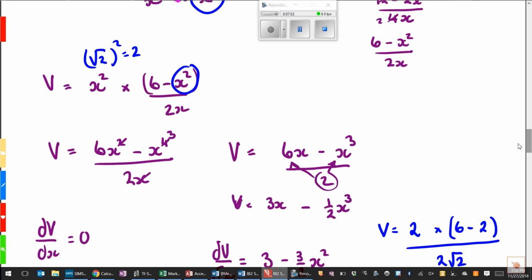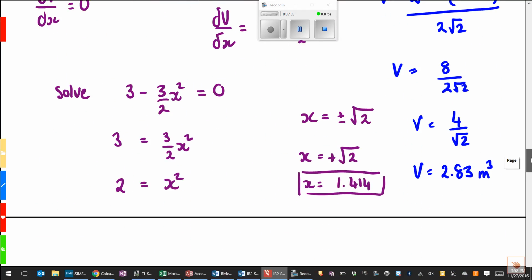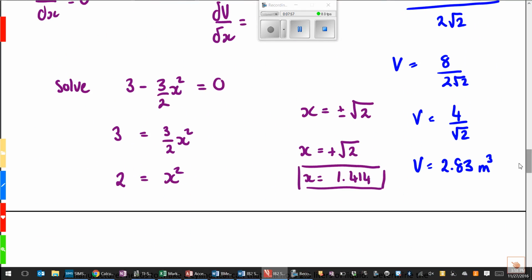If I'd put the 1.414 in, I would have got a slightly less accurate answer. I've still rounded anyway, but does it make sense? Probably. We've only got 12 square meters to use. We've got getting on for 3 cubic meters, which, if you think about it, is quite a good size.